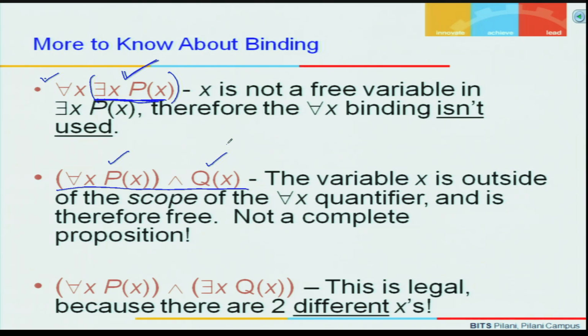If you see this particular thing, for all x P(x), what does it mean? This means there is one variable and it has been bound, and hence this is a proposition, and there is one variable and it has been bound, this is another proposition, and there is an and between these two propositions, and this remains a compound proposition, and hence it is very much legally a proposition.